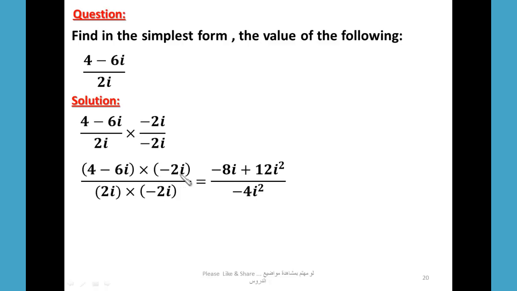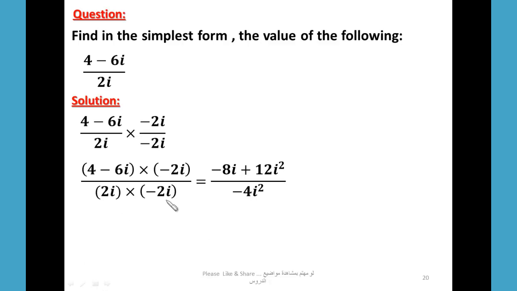How? Negative 2i multiply 4 equals negative 8i. Negative 2i multiply negative 6i equals positive 12i squared, as negative by negative is positive, and 6 by 2 is 12. i multiply i is i squared, and don't forget that i squared equals negative 1.